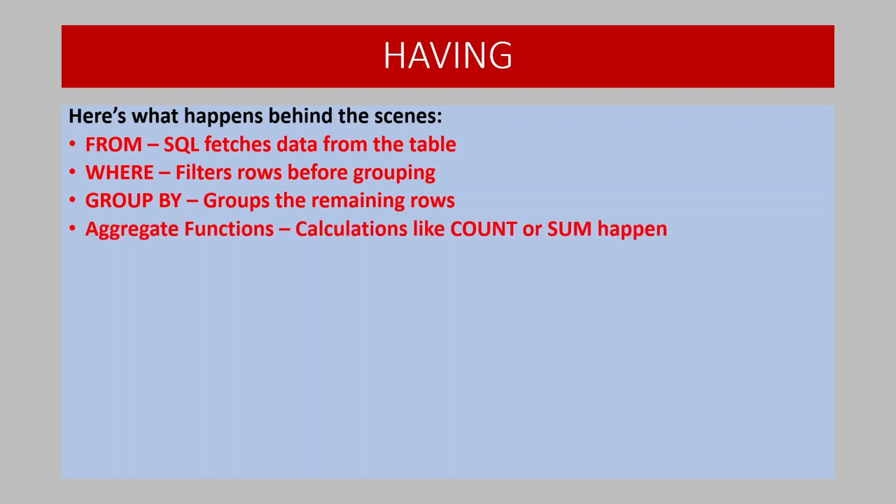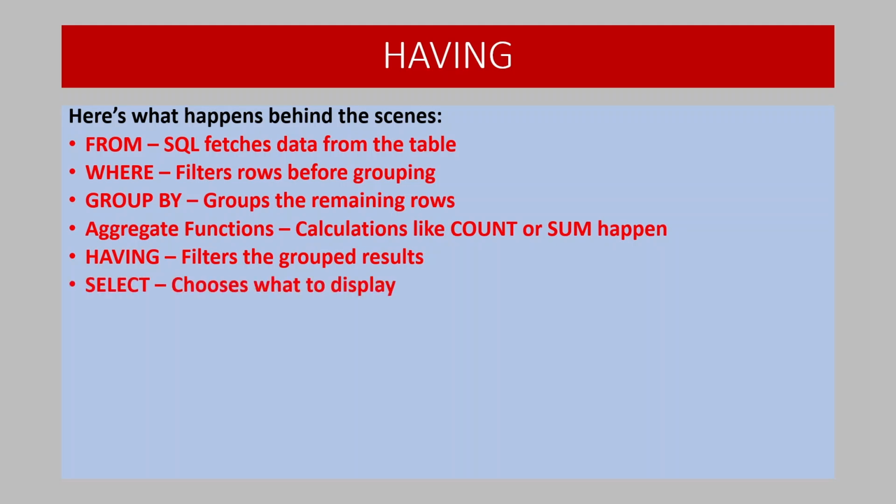Then, aggregate function calculations like SUM or COUNT will happen. Then the HAVING clause will be executed, because whatever data has been grouped with the aggregate function, it will filter the grouped results based on the condition which was given.